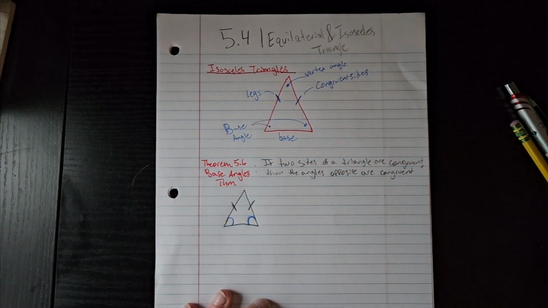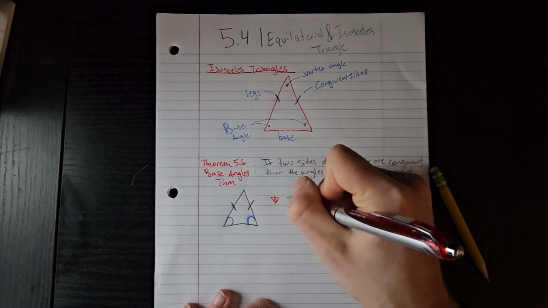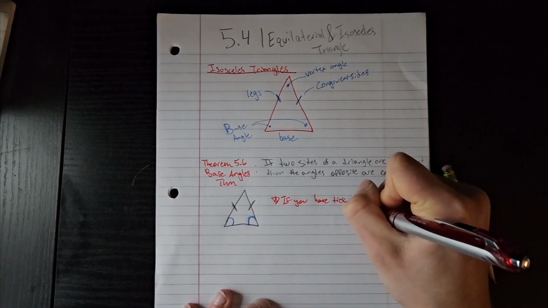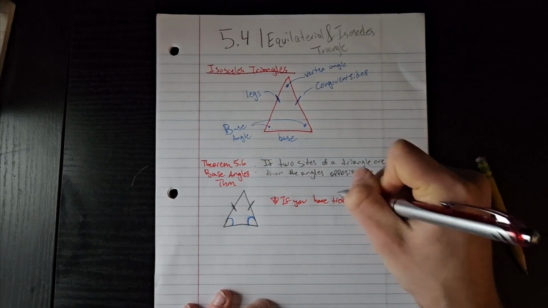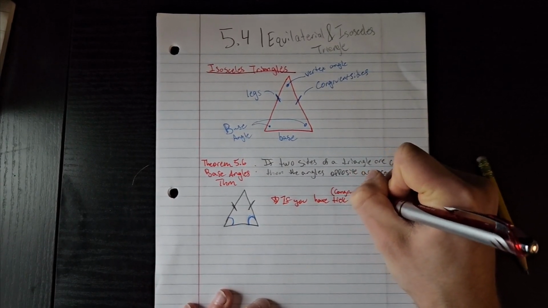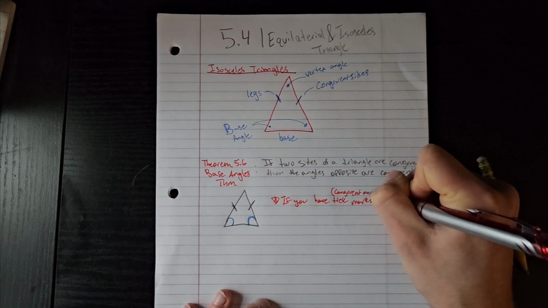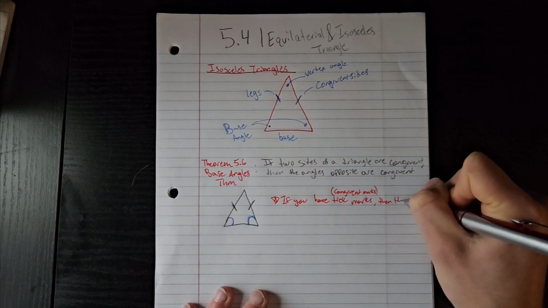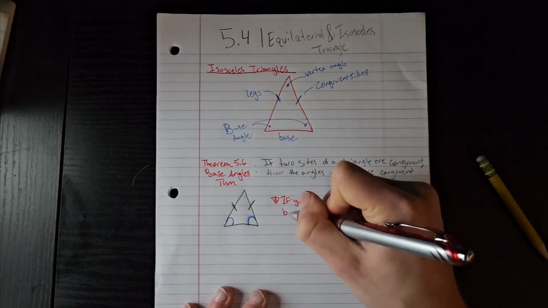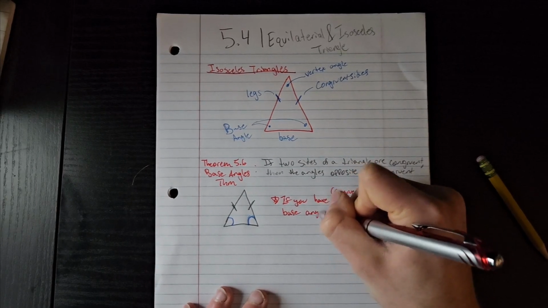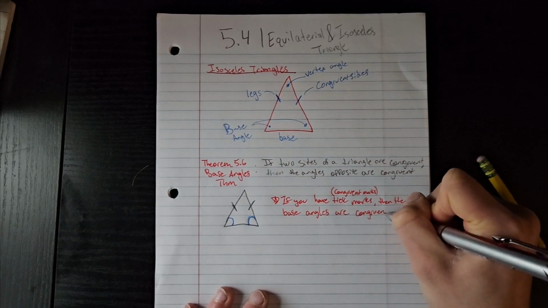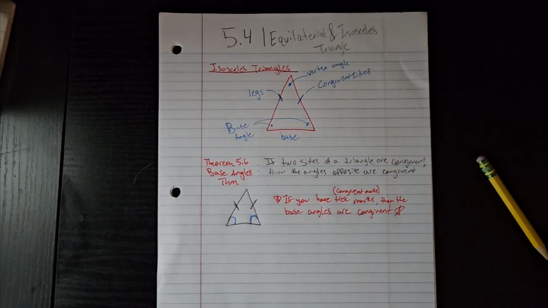So I would mention, if you have tick marks, the congruent marks, use real language, congruent marks, then the base angles are congruent. Cool. That's what this theorem is stating.